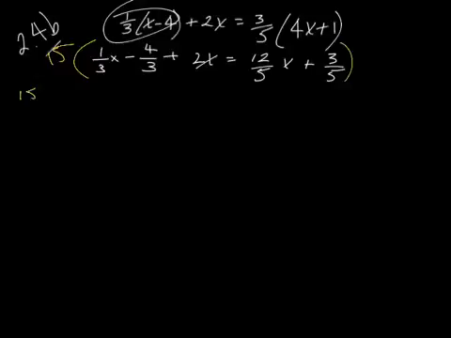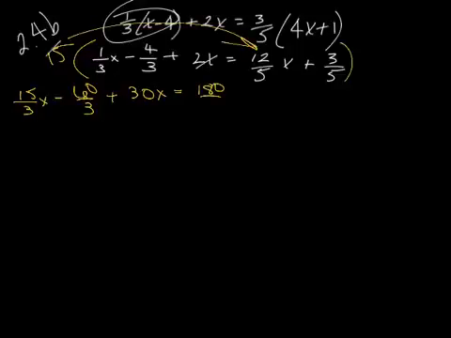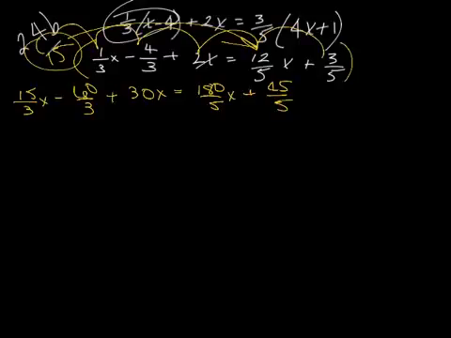So we get 15 over 3x minus 60 over 3 plus 30x equals 15 times 12 is 180 plus 15 times 3 is 45 over 5. So I distributed this 5 to each one of these terms all the way across.